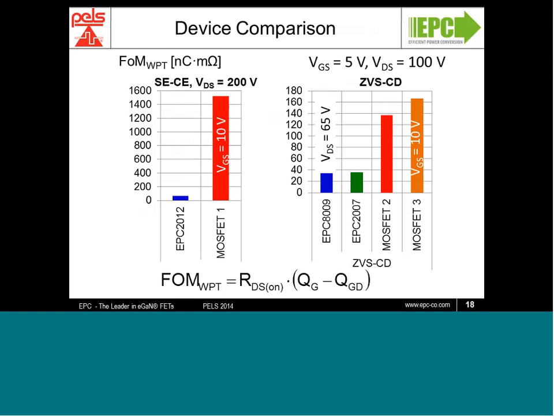However, the MOSFET, which is logic level, has a much higher on resistance and is comparable to that of the EPC 8009. And the MOSFET 3 shown there has a much lower RDS on component and is comparable to the 2007. As you can see there, it's the gate charge between the two that still drives up the figure of merit to be higher than that of the GaN FET.